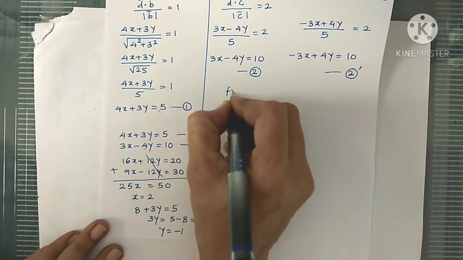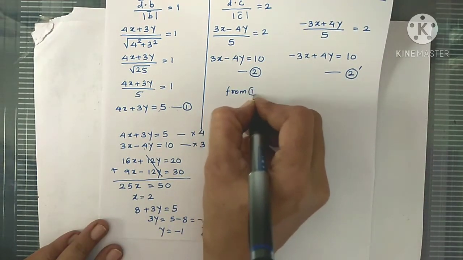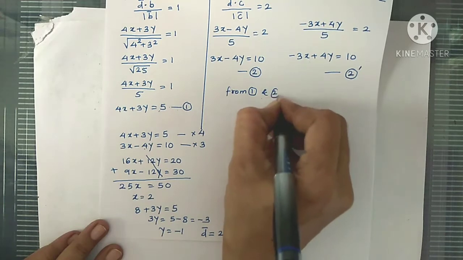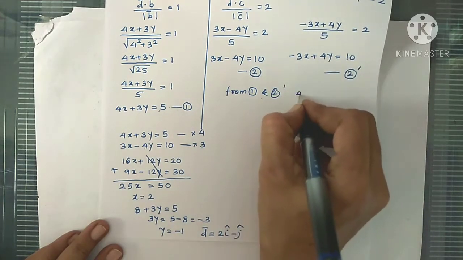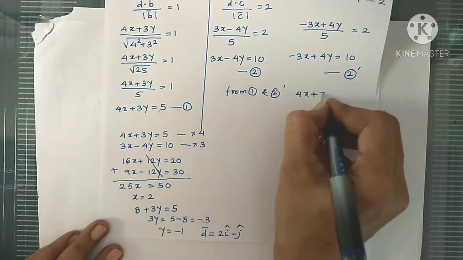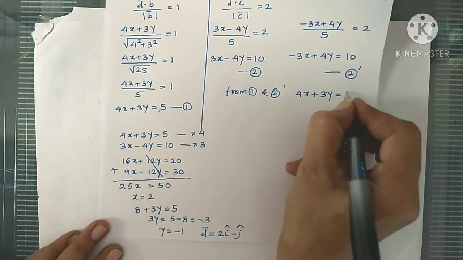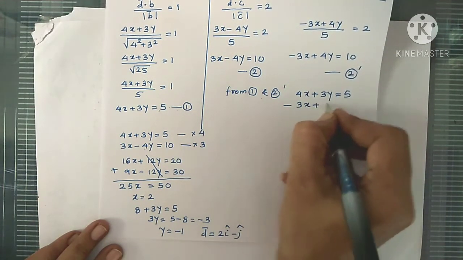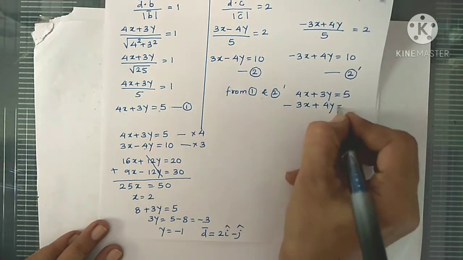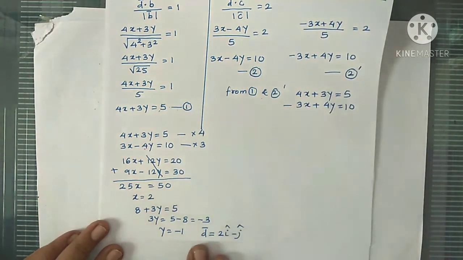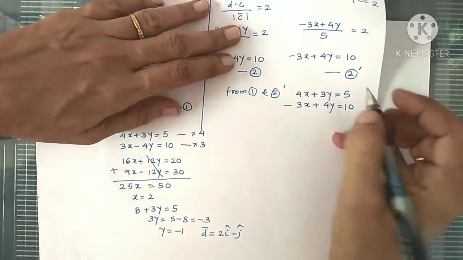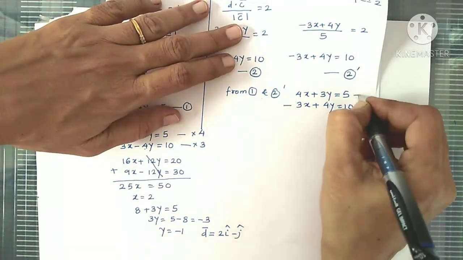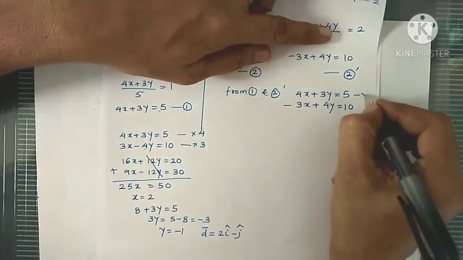So from equation 1 and 2 dash, we have 4x plus 3y equal to 5 and minus 3x plus 4y equal to 10. Now to solve this, let's multiply this first equation by 4.